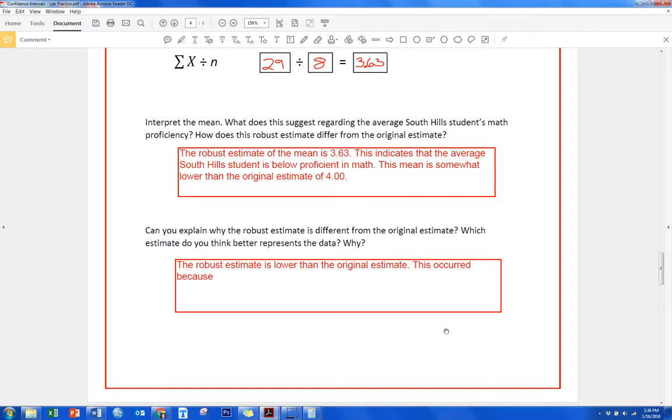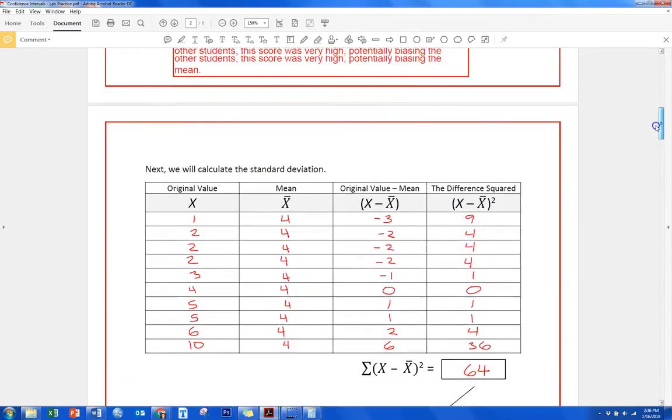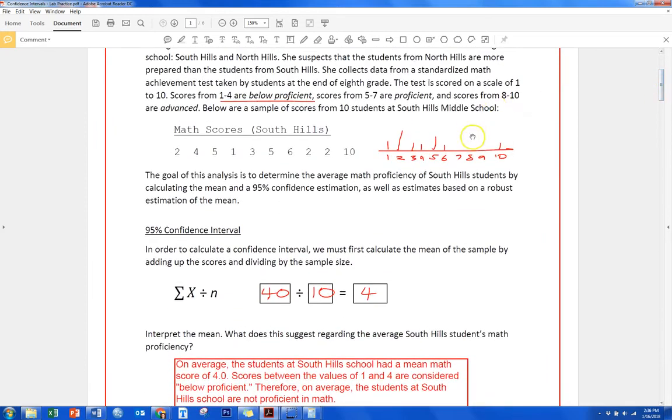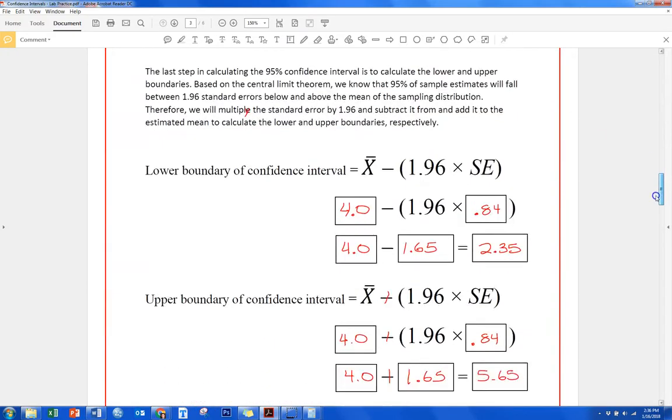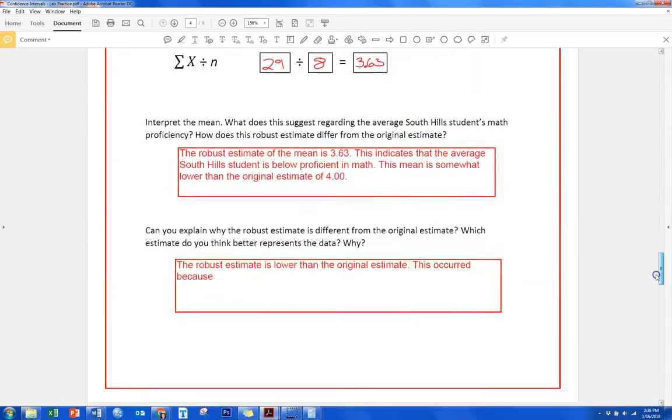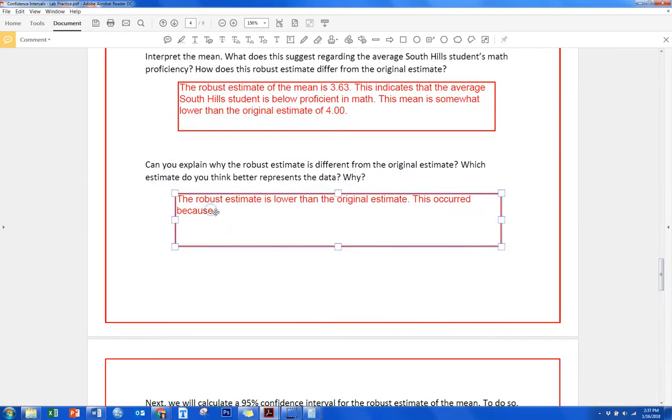We took out the lowest and highest values. 1 was kind of packed in with the other observations, but 10 was way out there. Remember, we drew this a little bit ago. A little shoddy histogram here. So we took out the 1, but we also took out the 10. This 10 had a lot of influence over the mean. So what we're going to say here is, because we removed the highest and lowest observations.